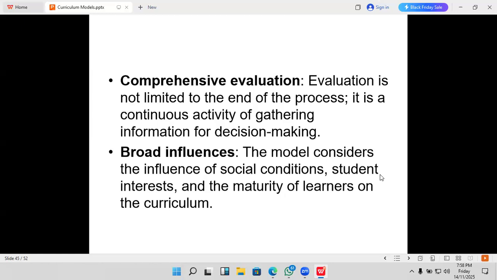That is innovative ideas from Kerr. Because of Kerr, we started to do this continuous assessment, formative assessment, ongoing assessment.